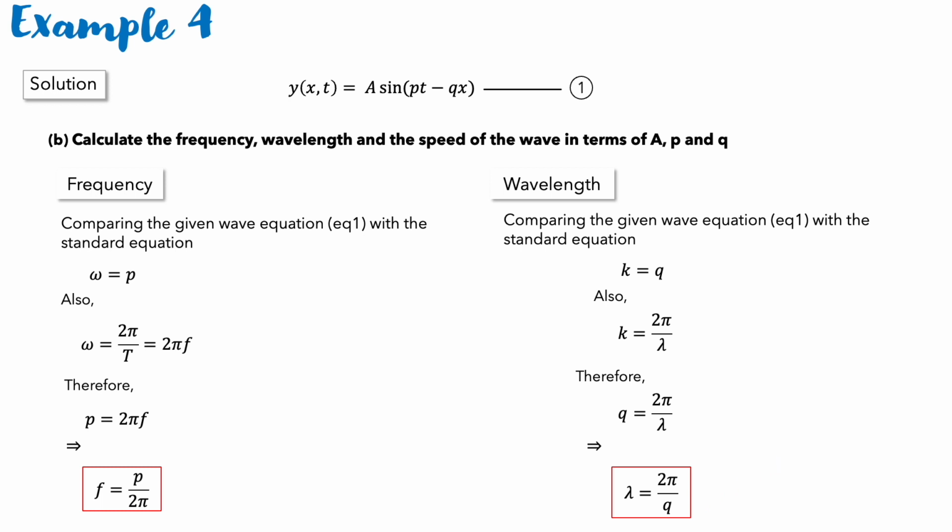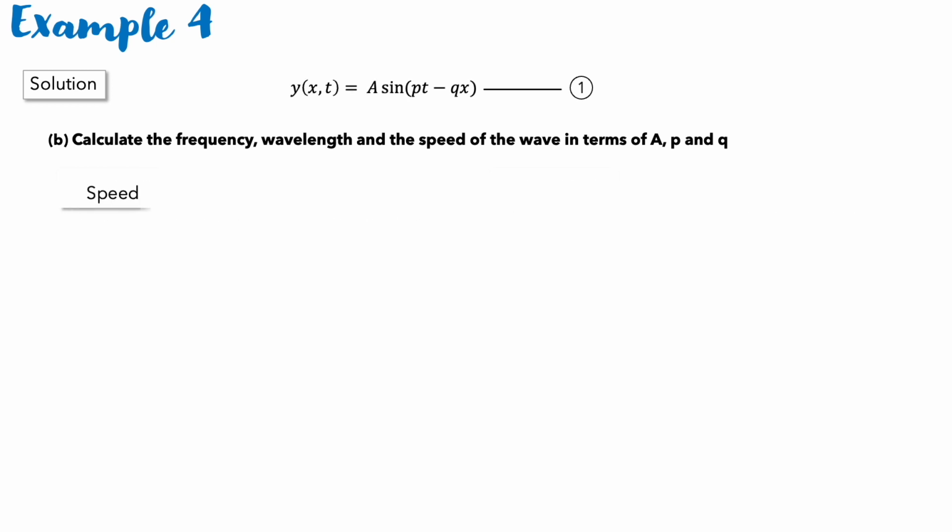Next is speed. To find out speed, we will have to refer back to part A, in which we showed that delta x over delta t is equal to p over q, and delta x over delta t is the speed, right. So distance divided by time is equal to speed, or s is equal to vt, or v is equal to s over t.